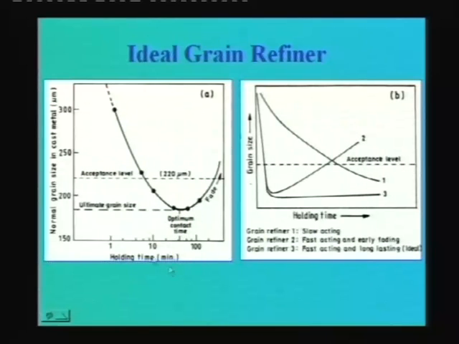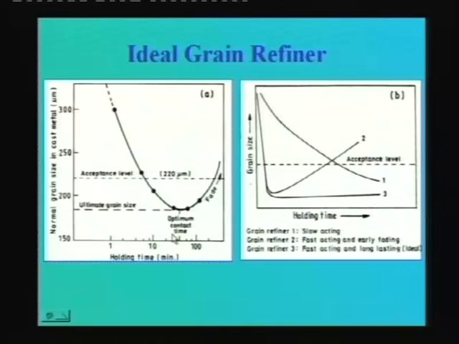It keeps on changing from grain refiner to grain refiner, and one can control it by controlling the microstructure of the grain refiner. Particularly, it depends on the size of the particles. If the particles are very fine, then these particles immediately act as nucleating sites. If the particles are very big, usually big particles never act as nucleating sites.